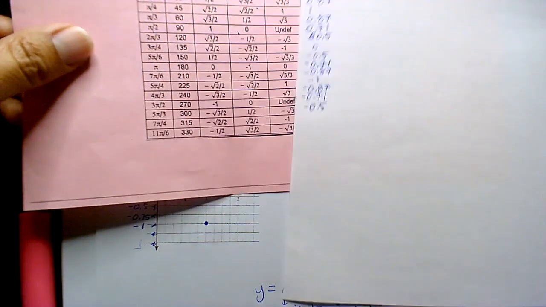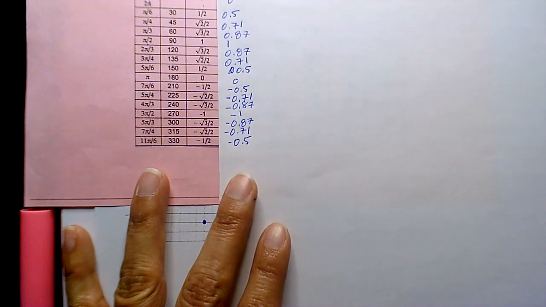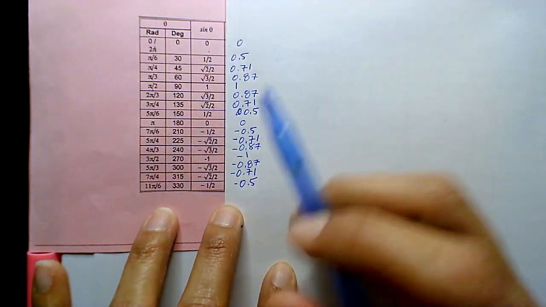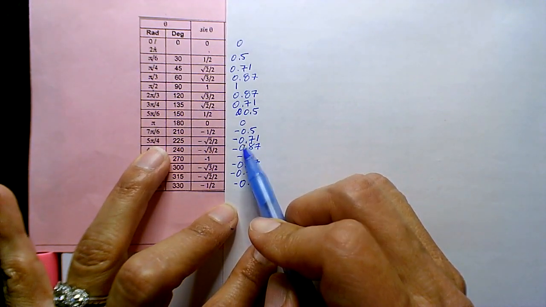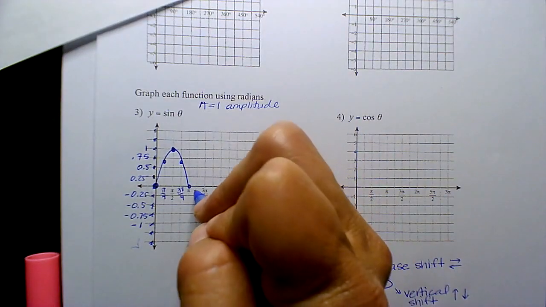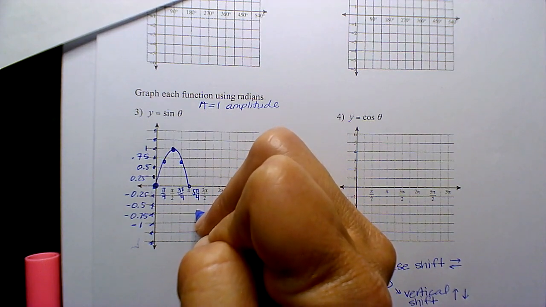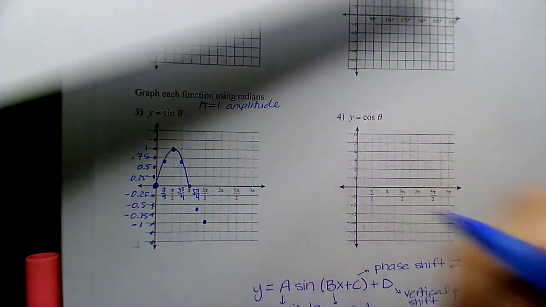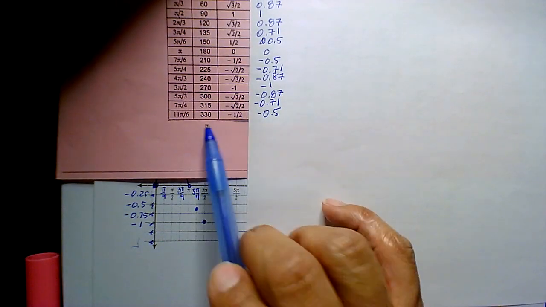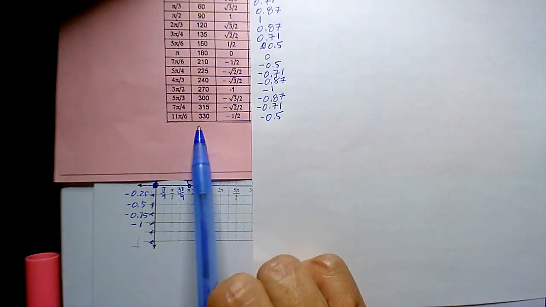Okay, 3 pi over 2, between that and pi. Can you see it? No. It's 5 pi over 4, which is negative 0.71. So 5 pi over 4, and it's negative, which is like right here. And so at 2 pi, oh, 360 isn't here.